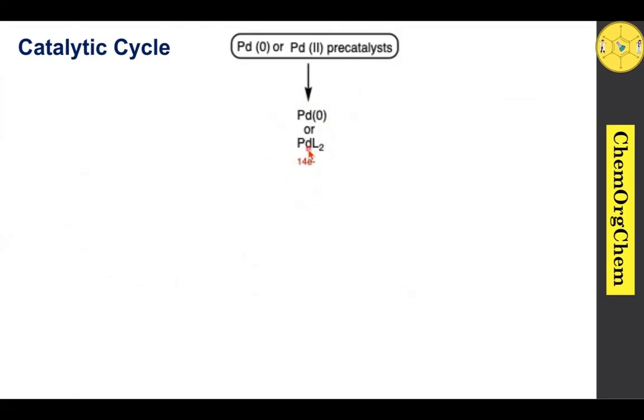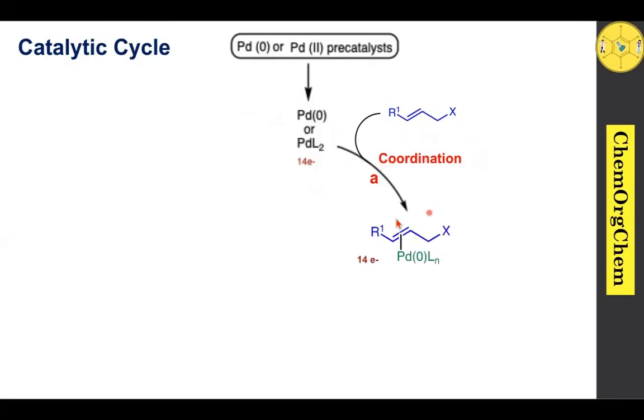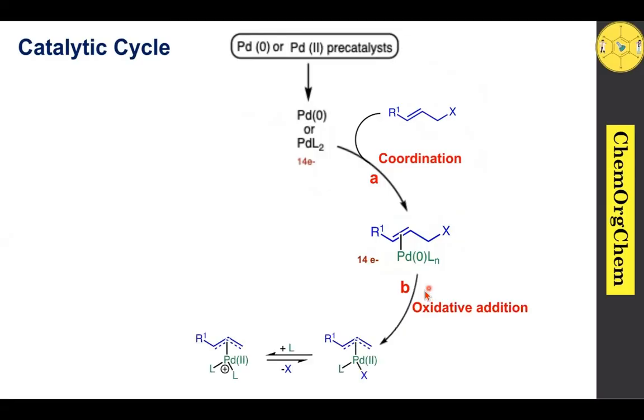After the generation of this 14 electron species, it readily undergoes coordination or complexation with the allylic substrate, which generates the corresponding palladium complex, which then readily undergoes oxidative addition to generate the corresponding eta 3 palladium complex, which is a 16 electron species.